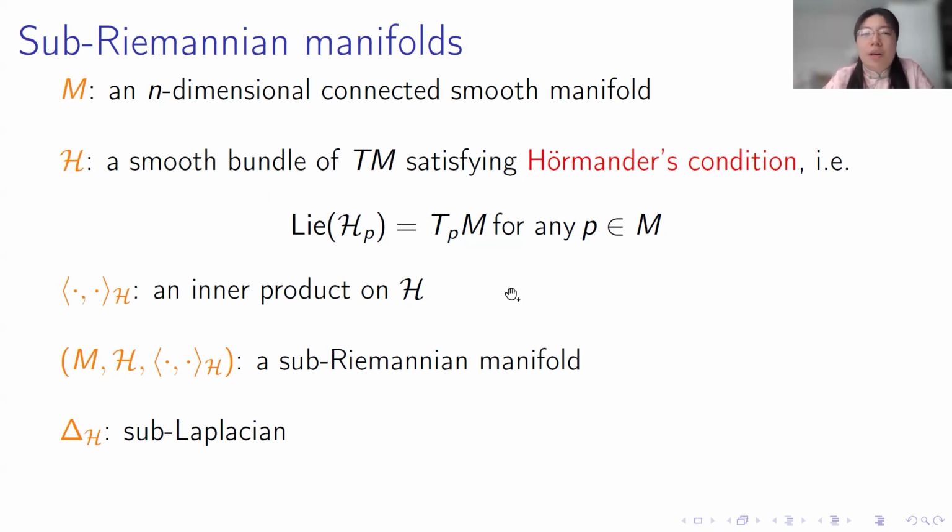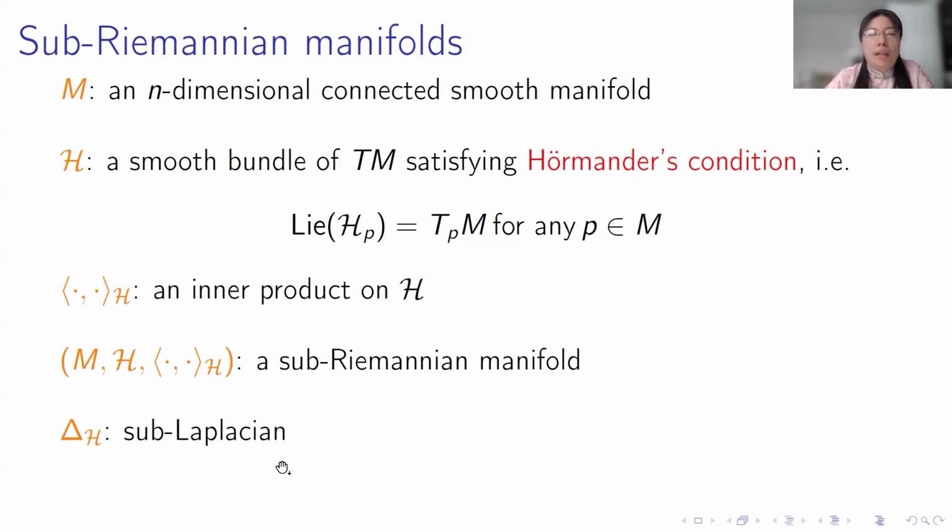And one way to think about this, to visualize this, is parallel parking. You are only allowed to move in certain directions, but in the end, you can always arrive at your destination. And this comes from the Chow-Rashevskii theorem, guaranteed by the bracket-generating condition.